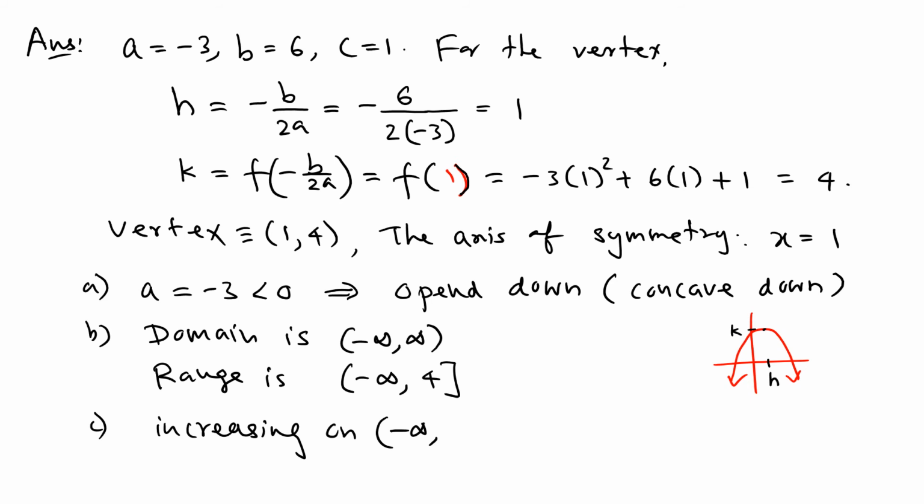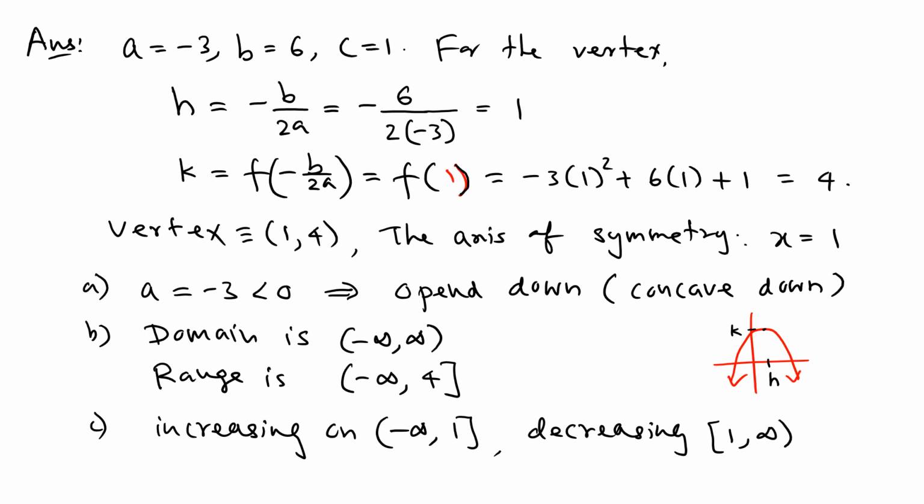So the h value is 1, so that means up to 1 including, and decreasing on, you can see it's going to decrease from the h value all the way up to infinity. So those are the answers to those questions.